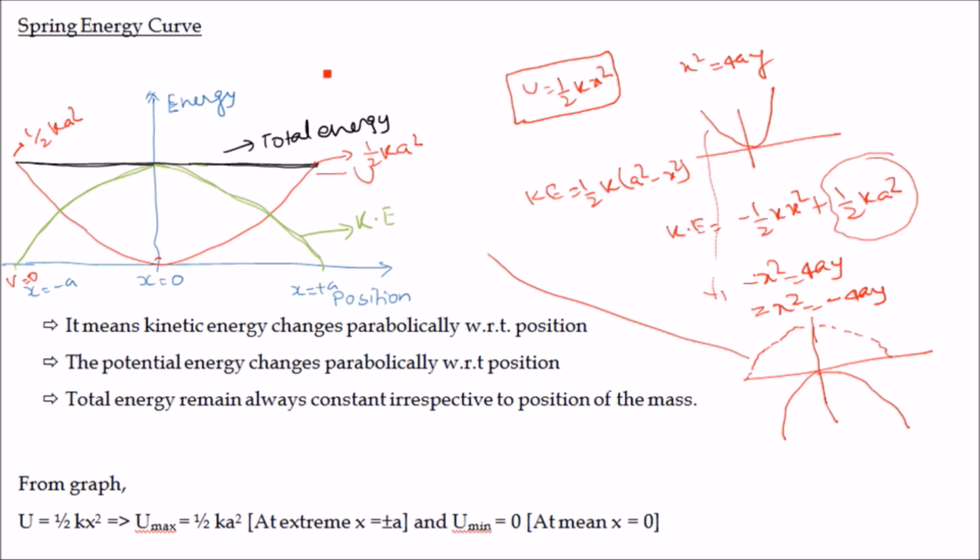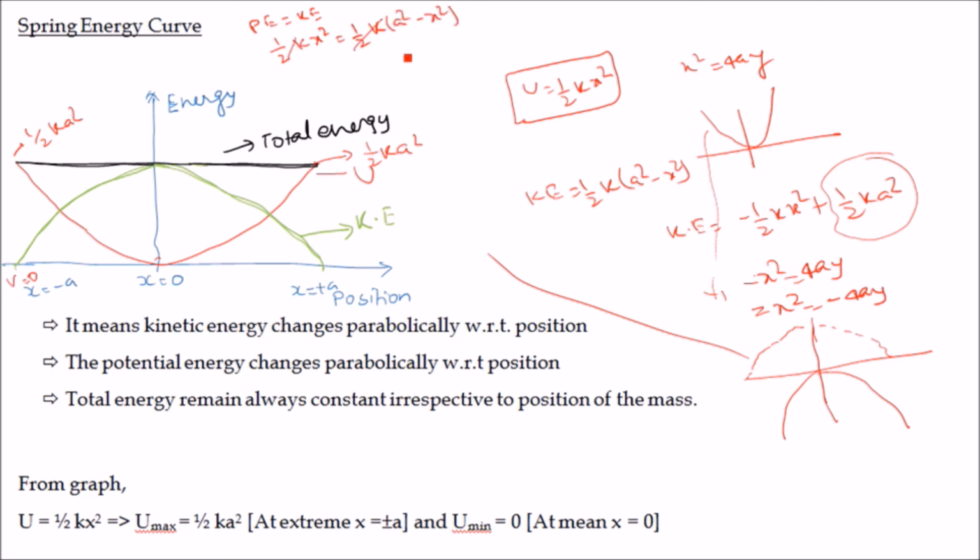Now again you may have to calculate the value of x at which the potential energy and kinetic energy are equal. So how will we calculate it? You just make potential energy equal to kinetic energy and calculate the value of x. Potential energy is equal to half k x square and kinetic energy is equal to half k (A square minus x square).